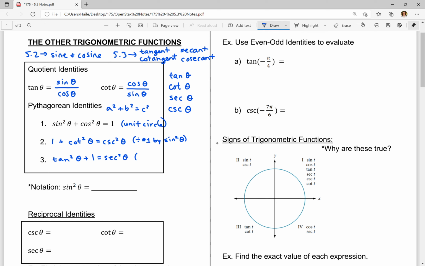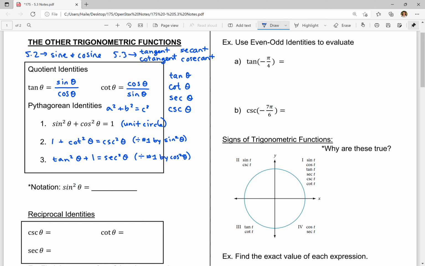And likewise, we can get from number 1 to number 3 by dividing number 1 by cosine squared of theta. So we just take every term in the first equation and divide by either sine squared of theta or cosine squared of theta, and we end up with equations 2 and 3. Me personally, I don't actually remember all three of these. I just remember the first one and I remember how to get to the other two. So that's less for you to remember.